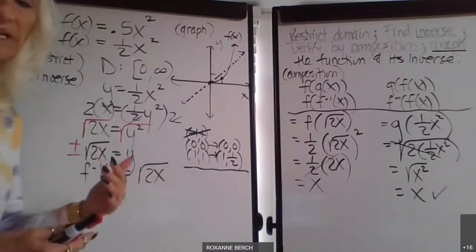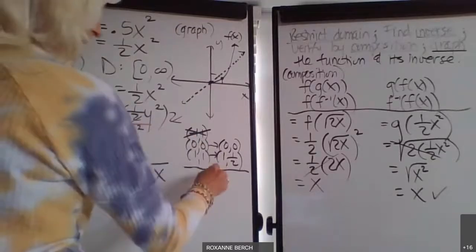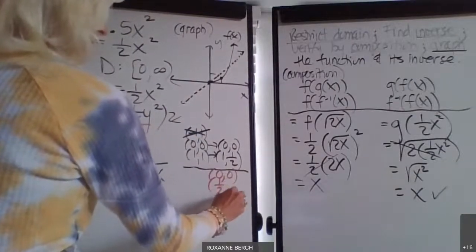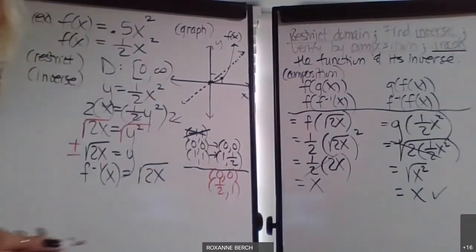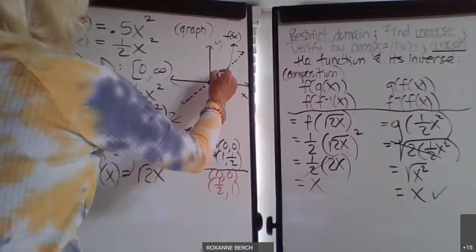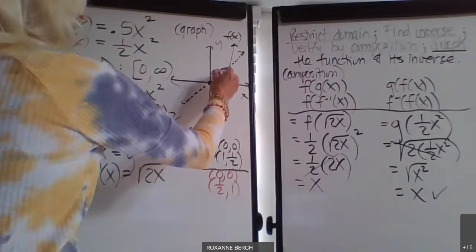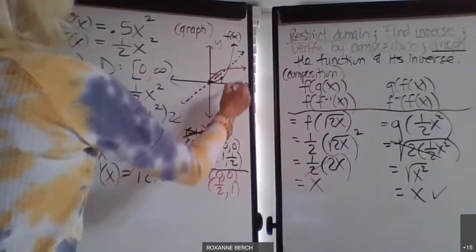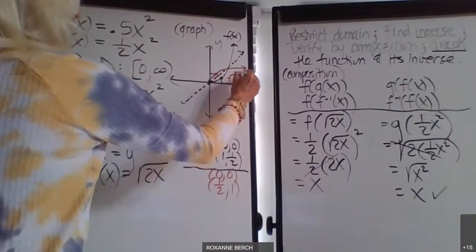But like I showed you in the Explorer, can't we just switch the ordered pairs? So can I just say, okay, well, 0, 0, right 1/2, up 1. You can just switch the ordered pairs if you want. So 0, 0, right 1/2, up 1. And now we're drawing square root. So that would be the inverse function.